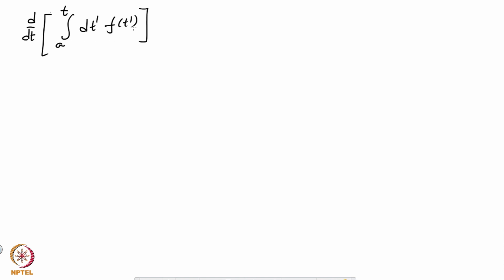Suppose you want to take this integral, the time dependence is here, and you want to take the derivative. So let's call the indefinite integral of f of t prime as capital F of t prime. So let's define the integral of dt prime f of t prime to be capital F of t prime, by definition. So clearly f of t prime is the derivative of capital F.